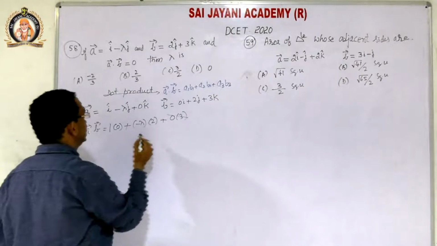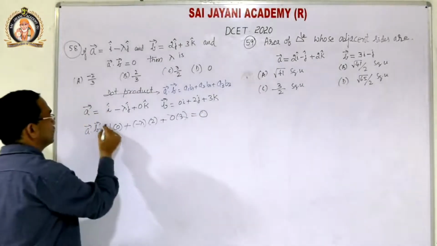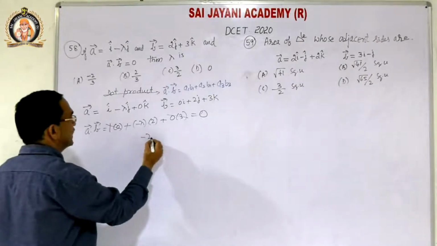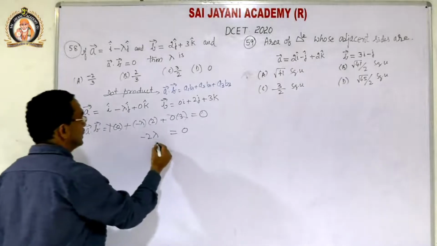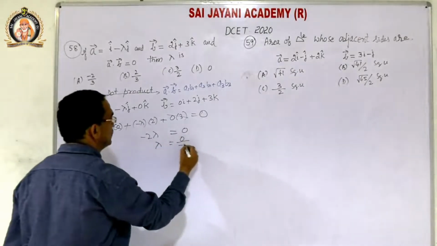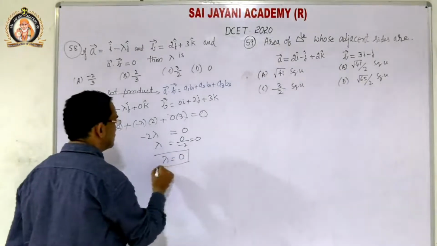So 0 into 3 will cancel, and he has given this is equal to 0. So 1 into 0 will cancel, and you are having minus 2 lambda is equal to 0. Therefore lambda is equal to 0 by minus 2, that is equal to 0. The answer is lambda is equal to 0.